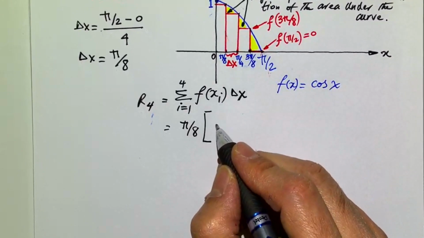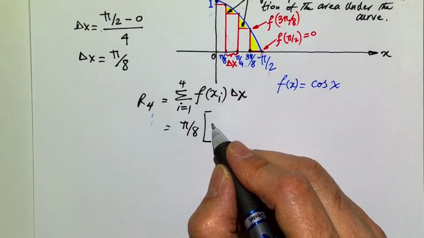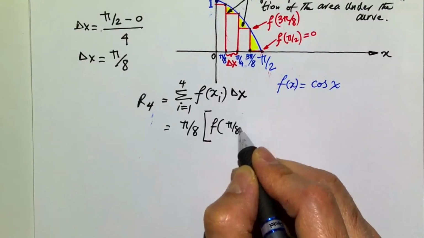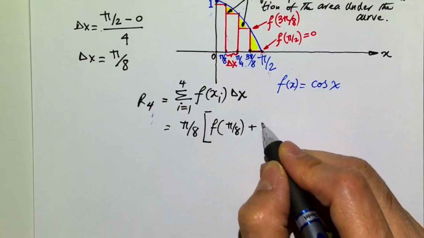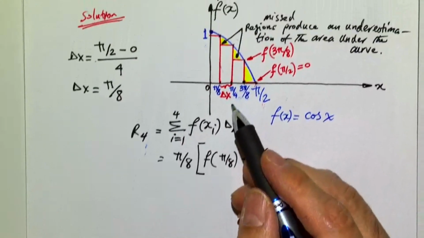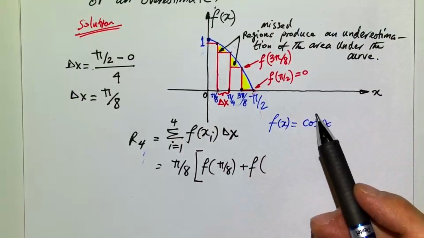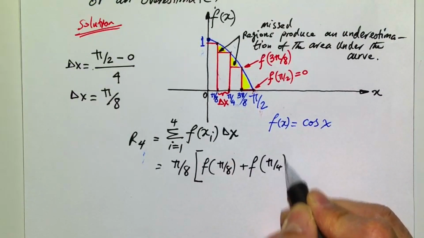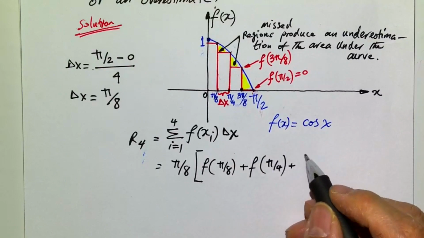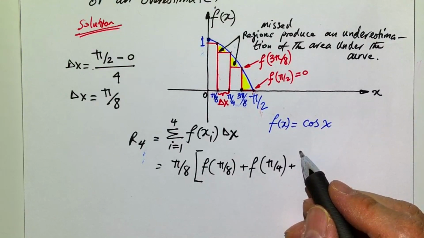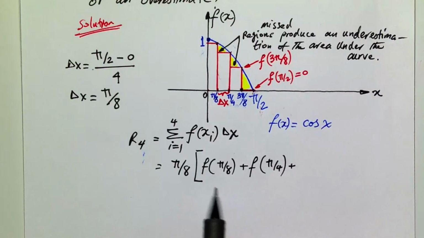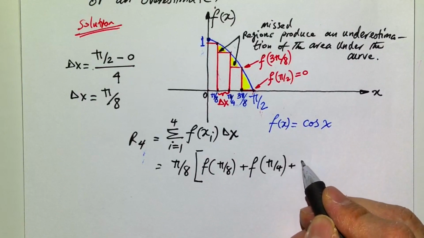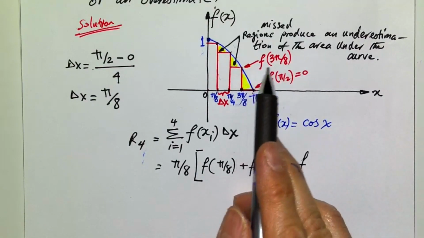So let's plug it in. We have f at pi over 8, plus f at pi over 4, plus f at 3 pi over 8.